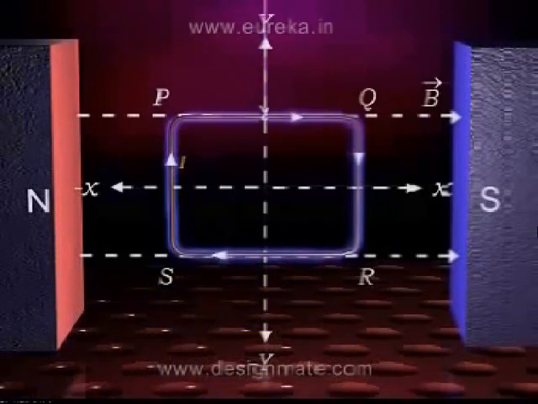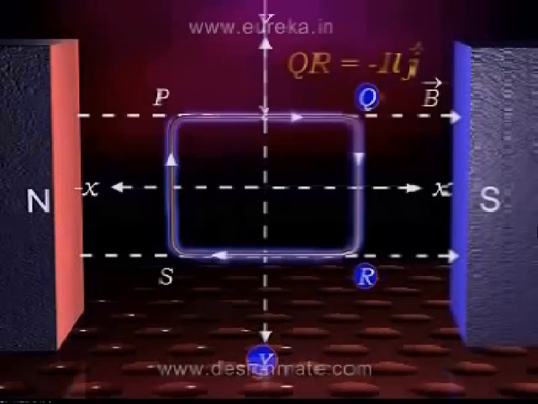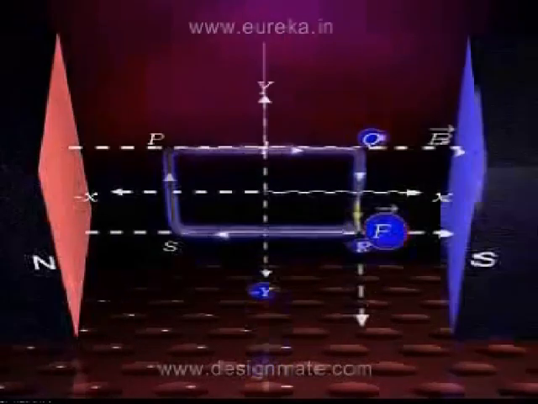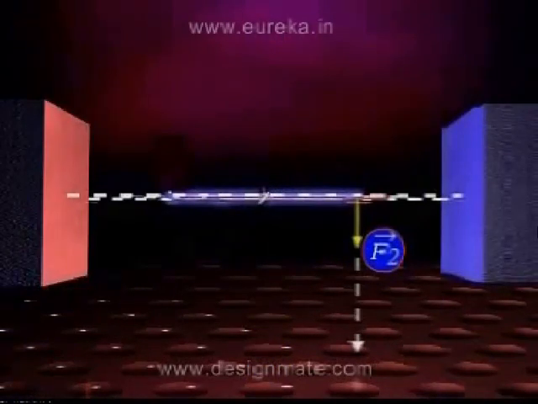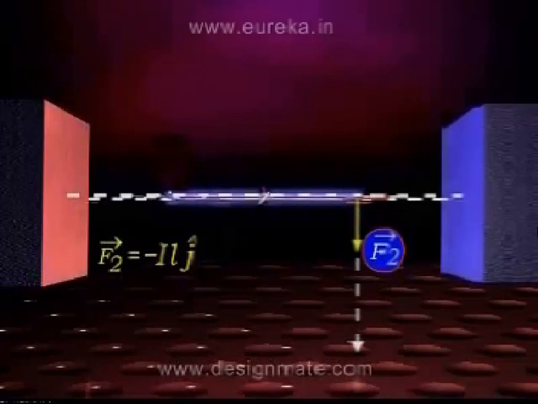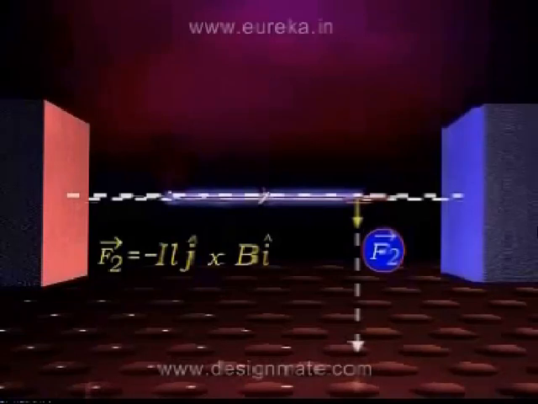Now consider the element QR. The current is along the minus y direction, so one writes for the current element QR, minus I times L times j cap vector. The force vector F2 acting on QR is vector F2 equals minus I times L times j cap vector cross B times i cap vector.